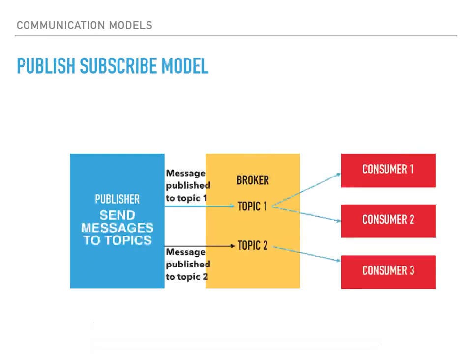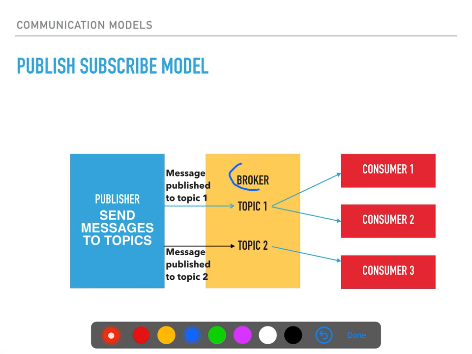Second is the publish subscribe model. As we have seen, most of the protocols like MQTT, DDS (Data Distribution Service), and AMQP use the publish subscribe model. In this model there is a broker in between, and we have topic 1 and topic 2.